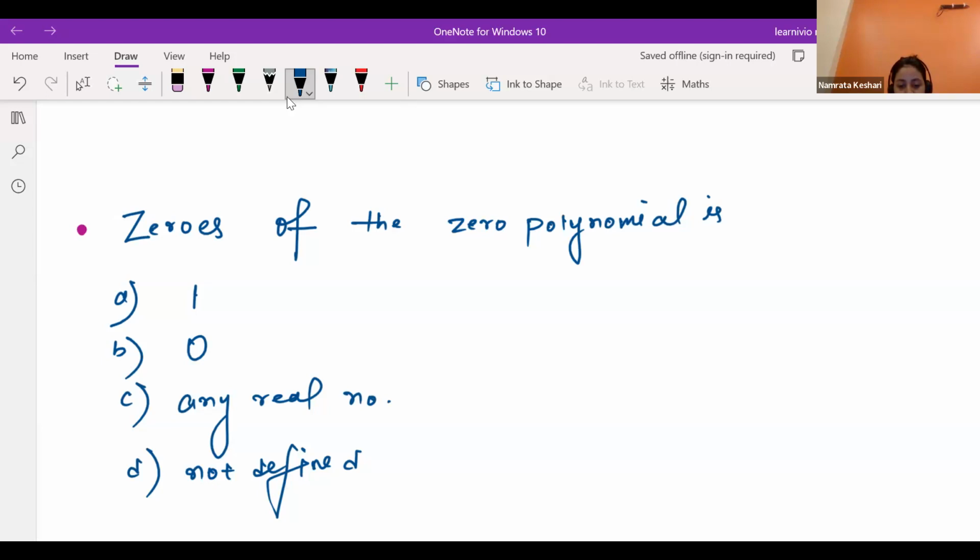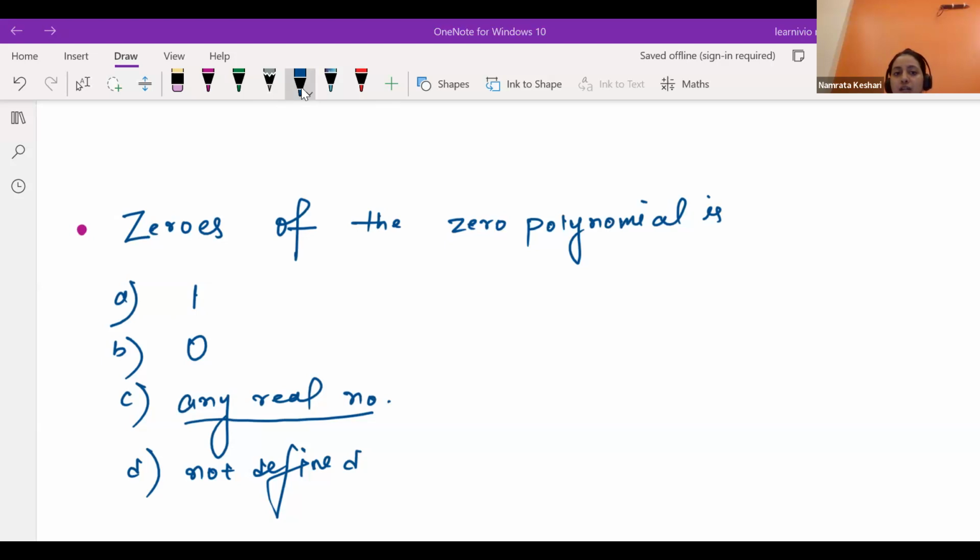Ma'am, any real number. Any real number, okay. Let me know one by one. Arhan, you said any real number? Yes, ma'am. So Arhan and Heather said any real number.